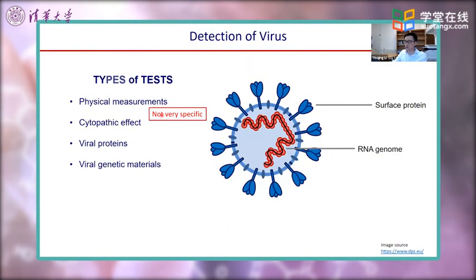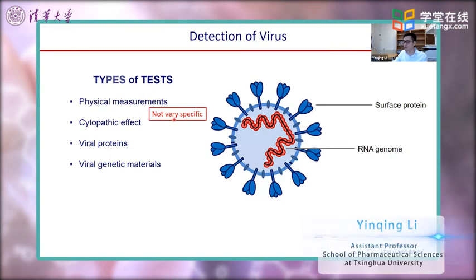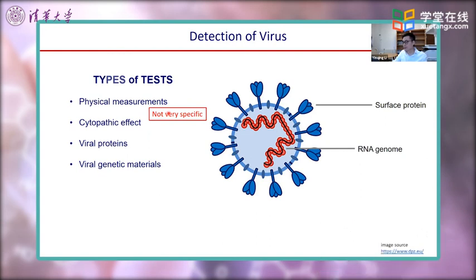Those two methods are cool, but as you can see, they're not very specific, because many viruses look very similar under a microscope, and many viruses can cause the same symptoms in a cell culture. And critically, different strains bear different resistance to drugs, and they can bear similar stress on the cell and make the cell show similar phenomena.